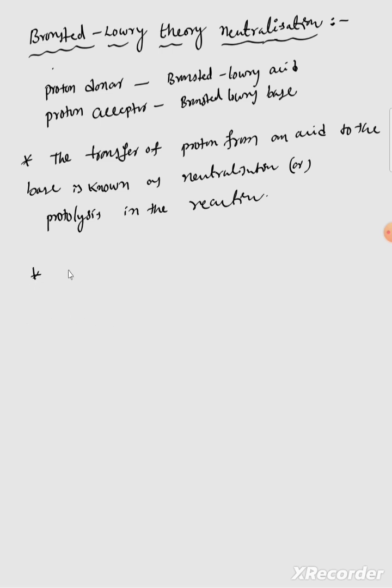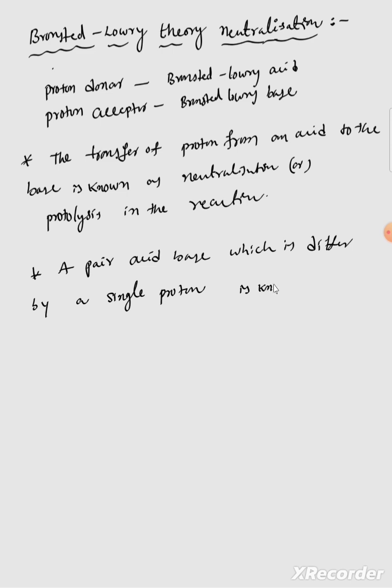One more important point: a pair of acid and base which differ by a single proton is known as a conjugate acid-base pair.